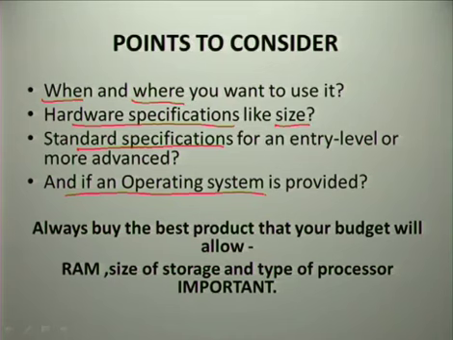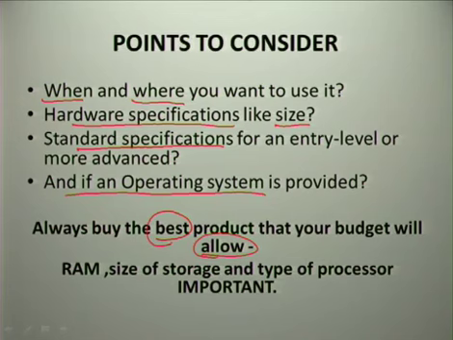Right. Now, this is very important. Always buy the best product that your budget will allow. If you can afford a 4,000 Rand computer, but you think the hard drive and the RAM are not the best, and you see that there's another one that is 4,500, maybe I can try and go for that one. That's what we advise. Rather go for what you will be able to afford, but know that it is the best product that you are buying.